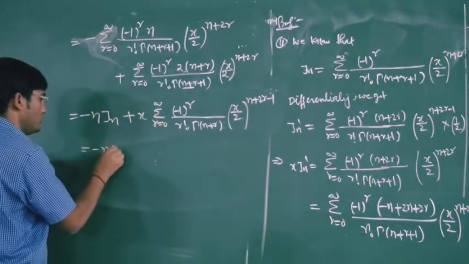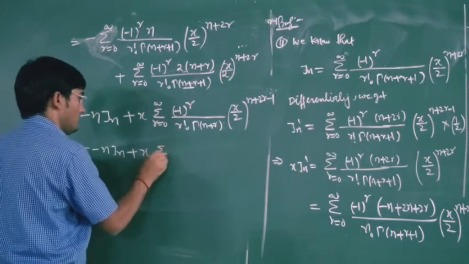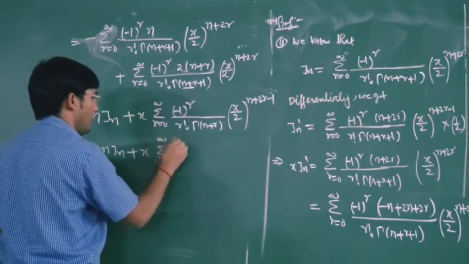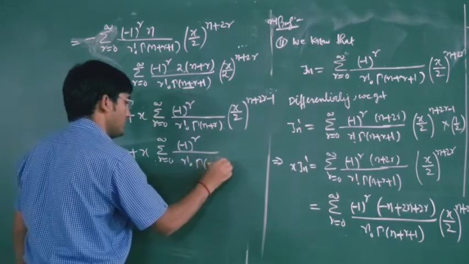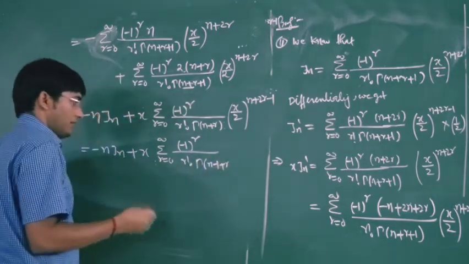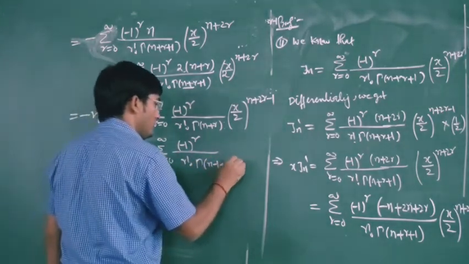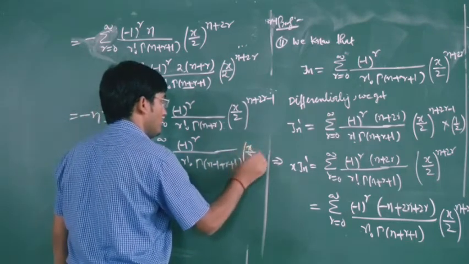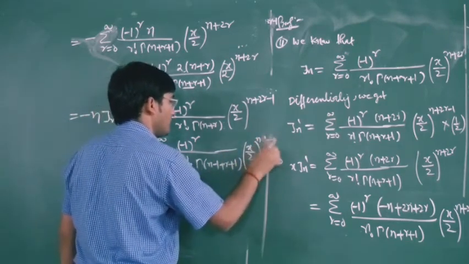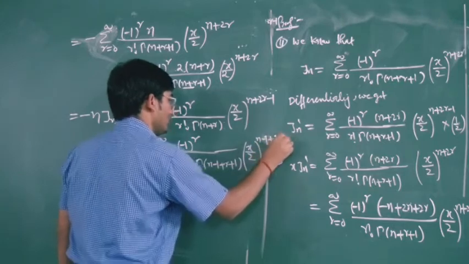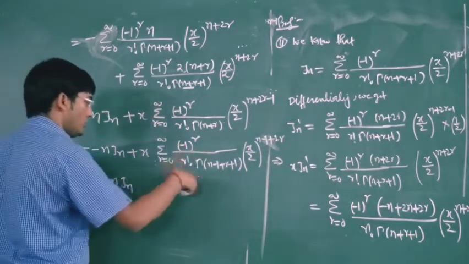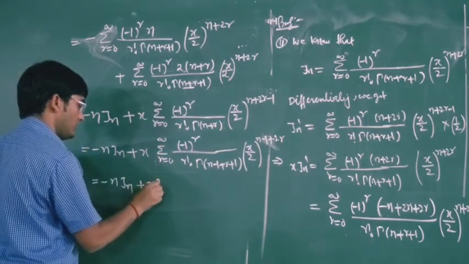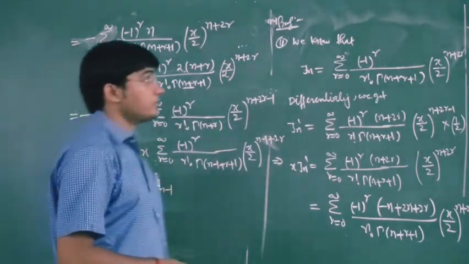So this is your minus 1 to power r, factorial r. Now we can write this term as minus n, gamma n minus 1 plus r plus 1 into x upon 2 power n minus 1 plus 2r. So this is equal to minus n Gn. Now this will be your x into Gn minus 1, and this is the proof of the second part.